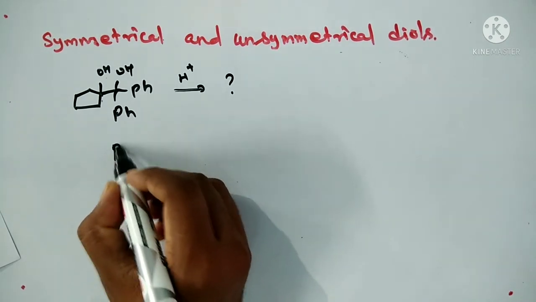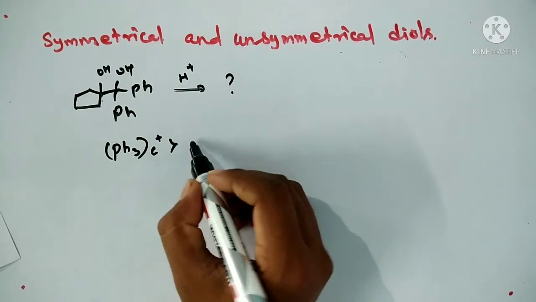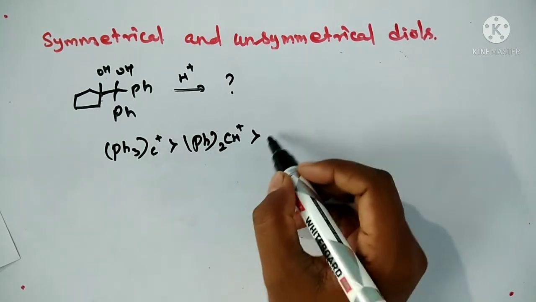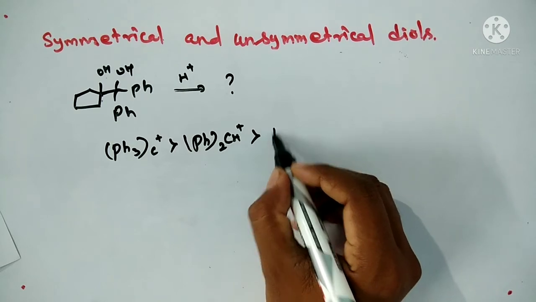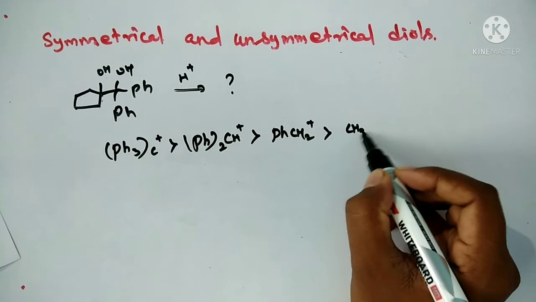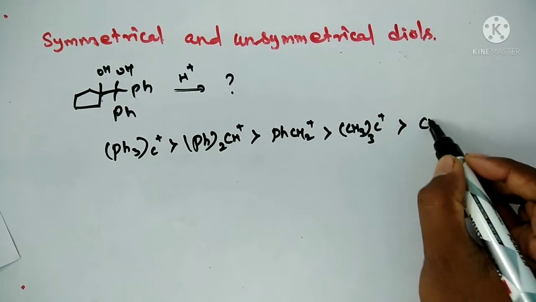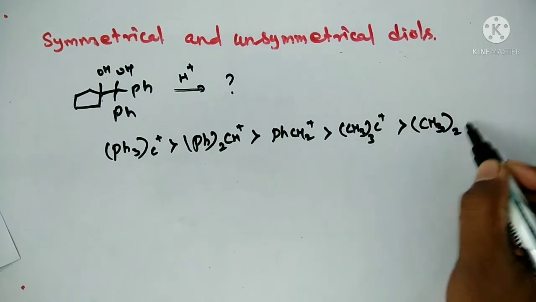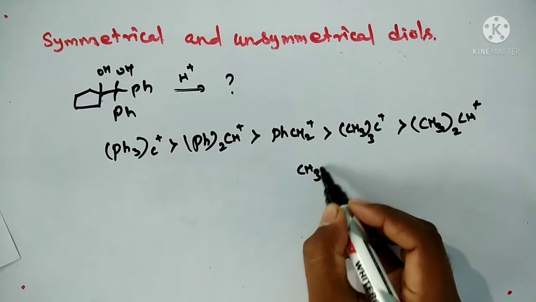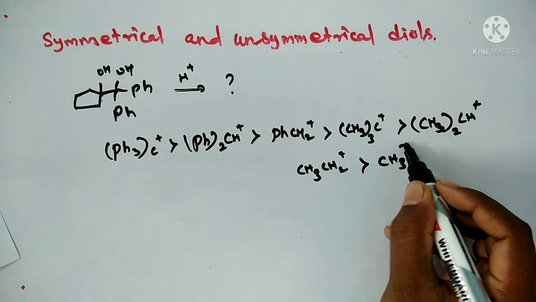We know that the triphenyl carbocation is more stable than the diphenylmethyl carbocation, then the benzyl carbocation, then the tertiary carbocation, then the secondary carbocation, then the ethyl carbocation, which is more stable than the methyl carbocation.